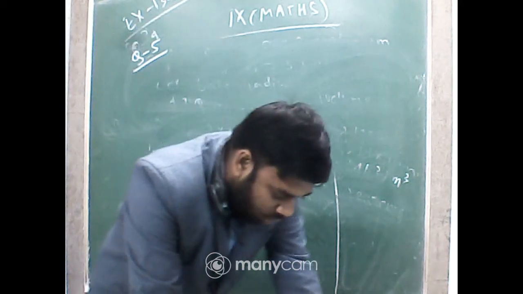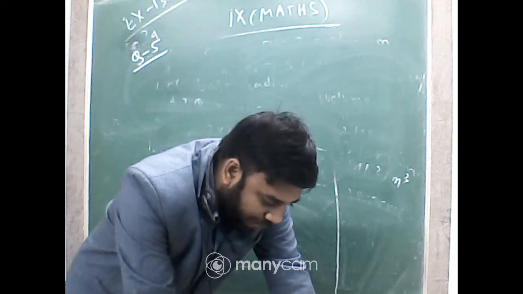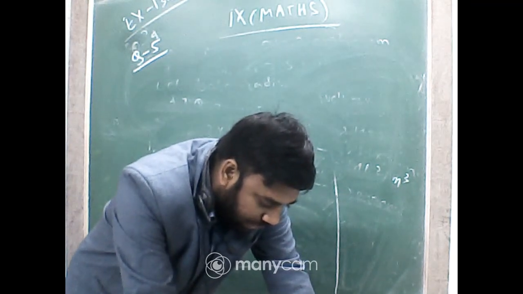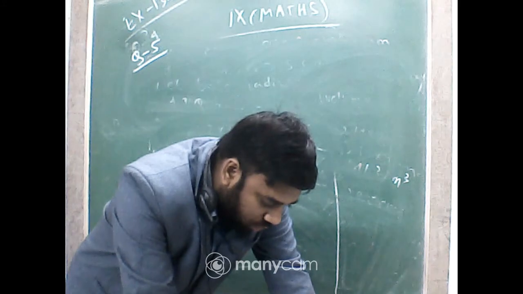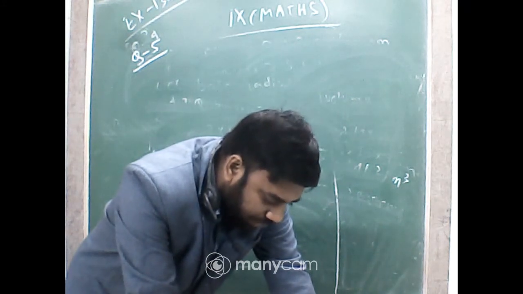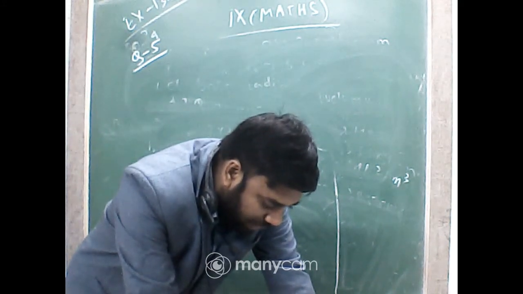It costs rupees 2200 to paint the inner curved surface area of a cylindrical vessel. Find the inner curved surface area, the radius of the base, and the capacity of the vessel.